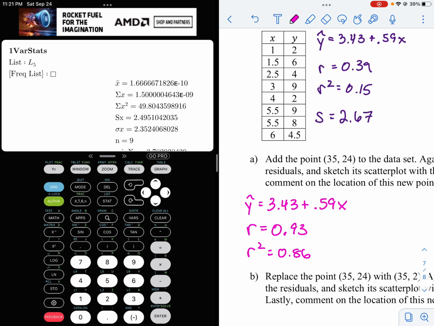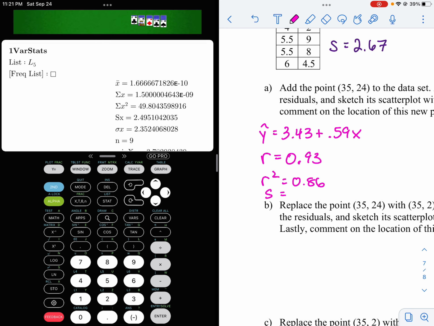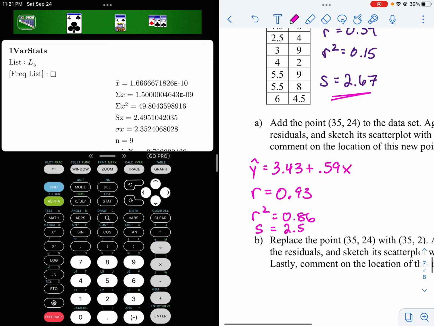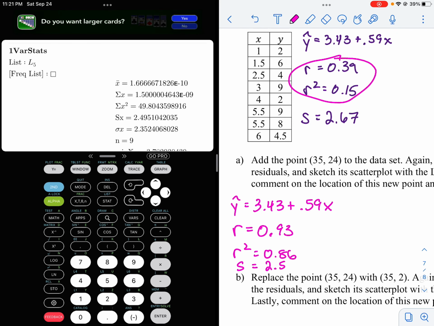My standard deviation of the residuals is 2.5. So not drastically different here. So what is it about this one point here at 35.24 that really just affected correlation and not much else?